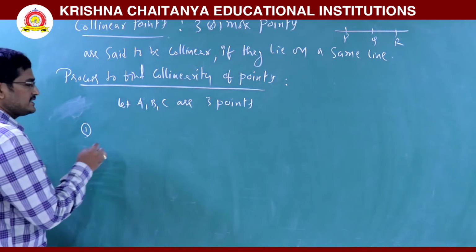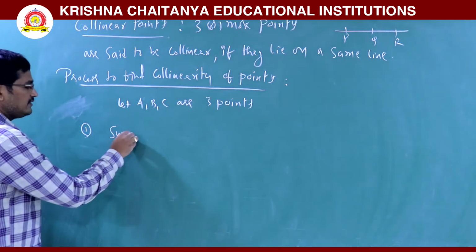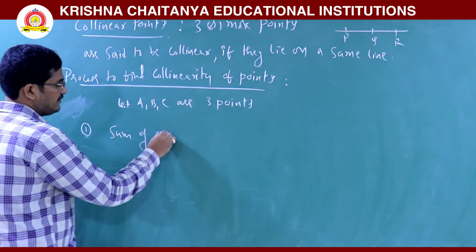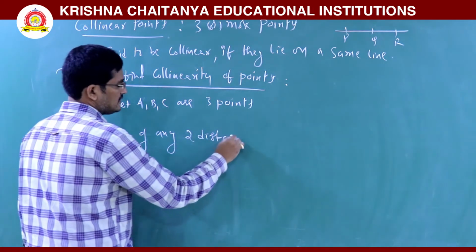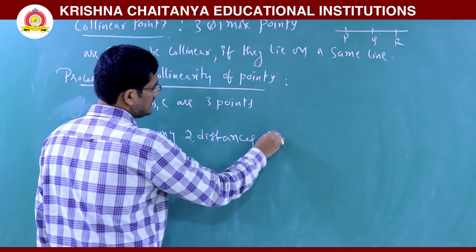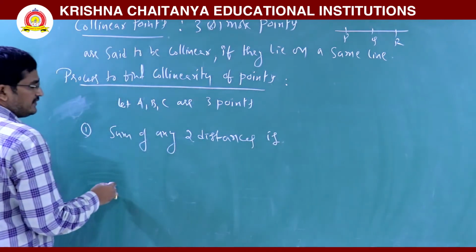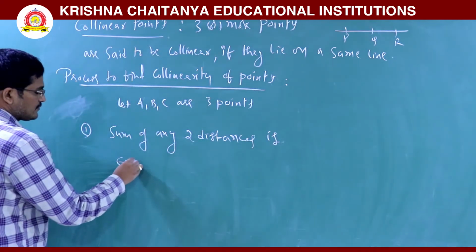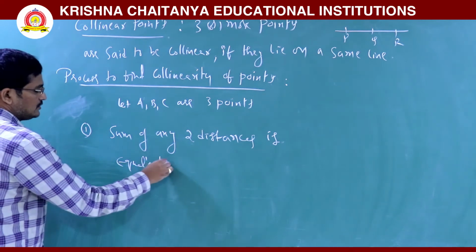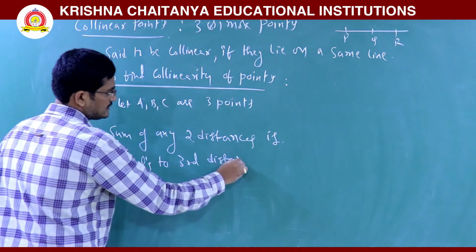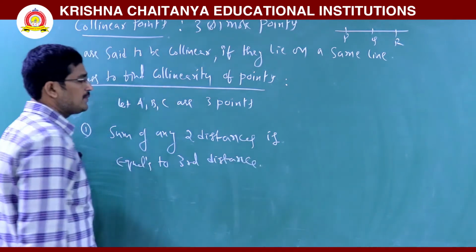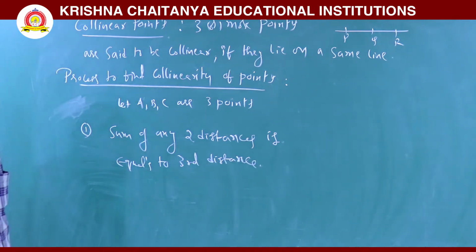In those 3 distances, if the sum of any 2 distances is equal to the third distance, then we say the points A, B, C are collinear.